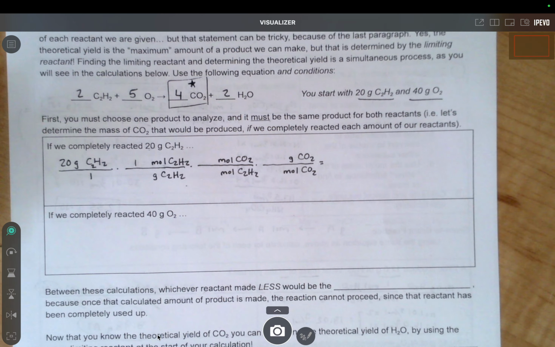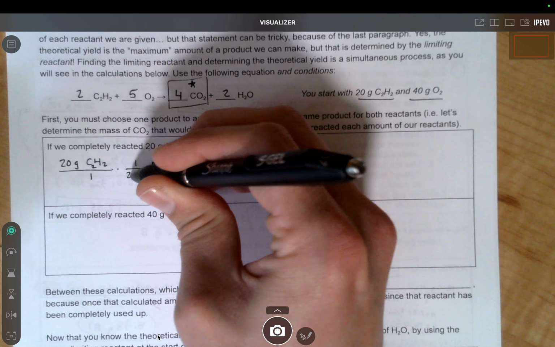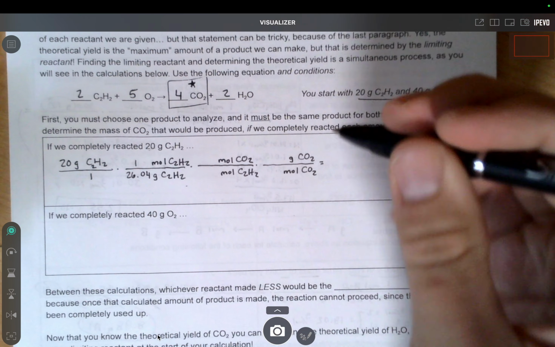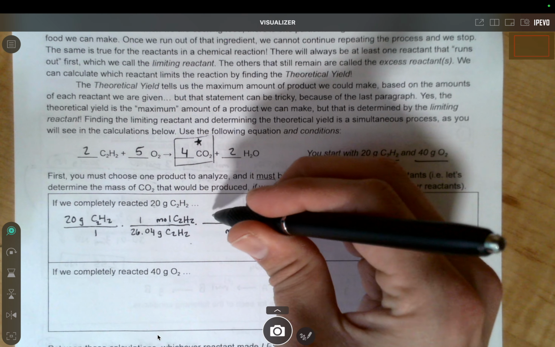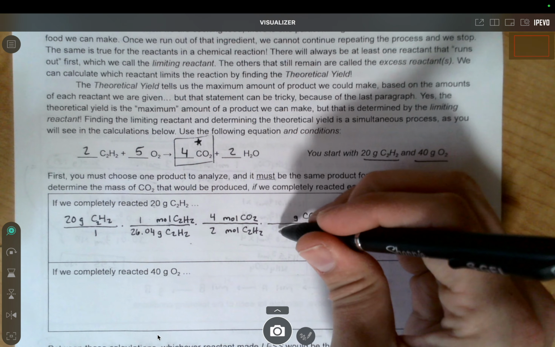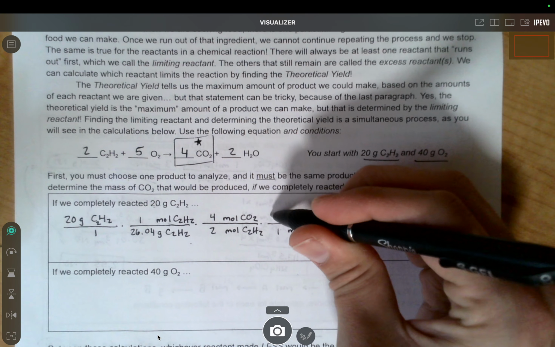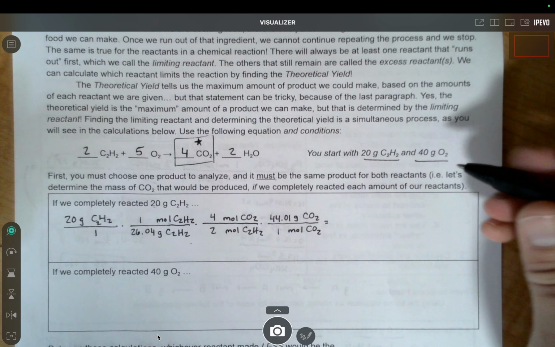1 mole of C2H2, well, carbon's atomic mass is 12.01 times 2 plus 1.01 times 2 gives me 26.04 grams per mole. In this balanced chemical equation, for every 4 moles of CO2 that we produce, we must use 2 moles of ethyne. And for every 1 mole of CO2, the molar mass is 44.01 grams per mole.